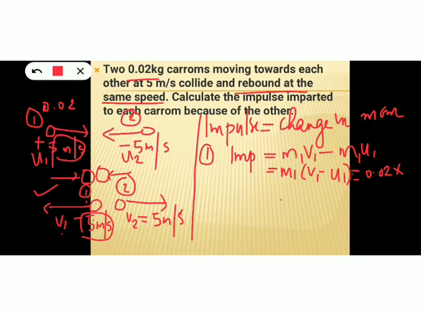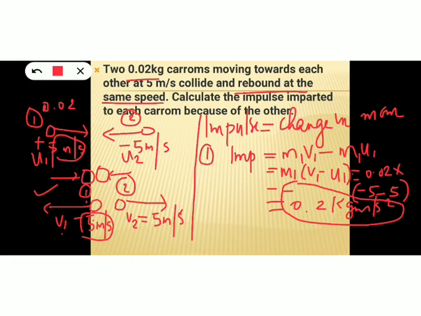So v1 minus u1 will be minus 5 minus 5, that is minus 10, and minus 10 into 0.02 is equal to minus 0.2 kilogram meter per second square. So that is the impulse for the first carom, minus 0.2 kilogram meter per second square.